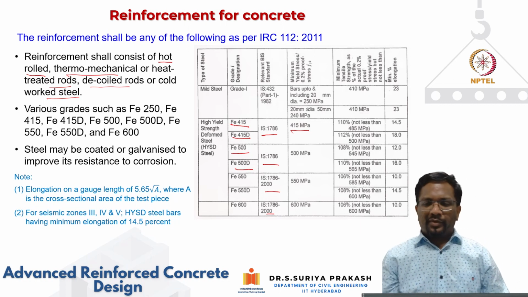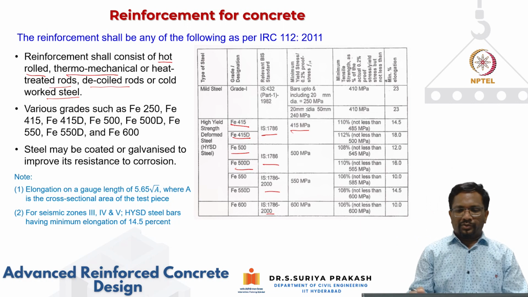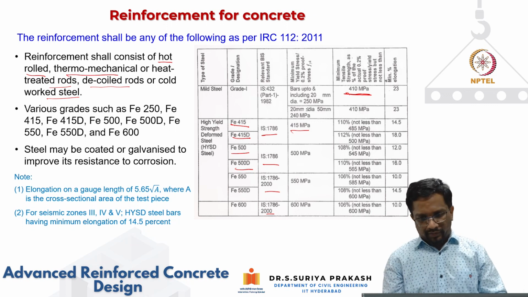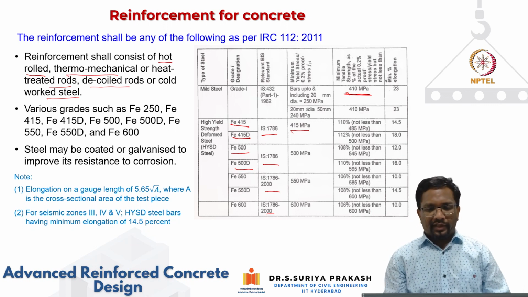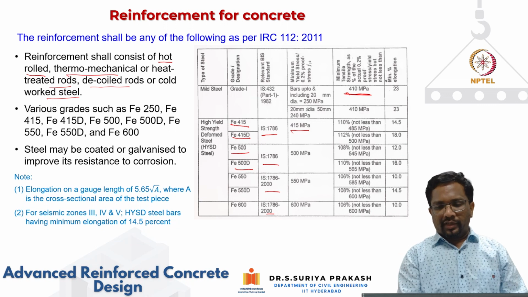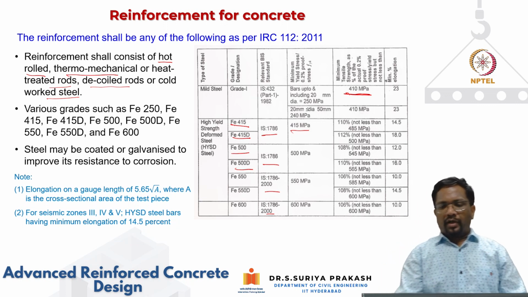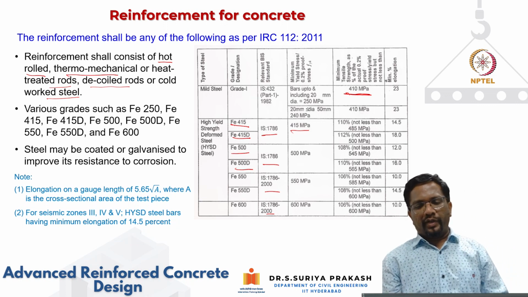Now, what is the minimum tensile strength that they should satisfy? For Fe 250 grade, they should have at least 410 megapascal of ultimate strength. And for high strength steel deformed bars, the code is saying that it should be 110 percent of the yield stress, or it should not be less than 485 megapascal.